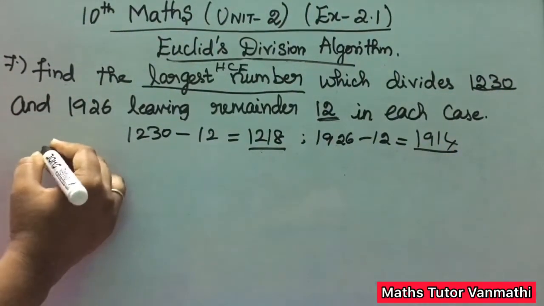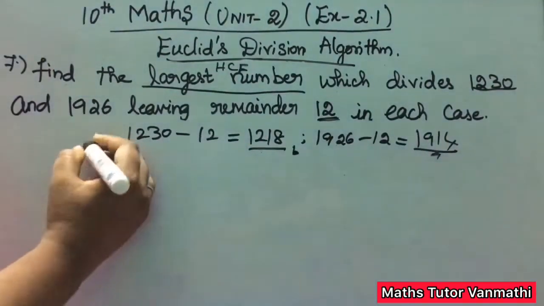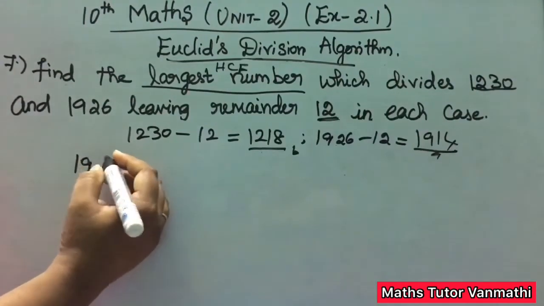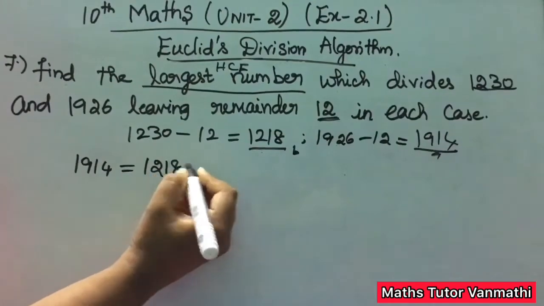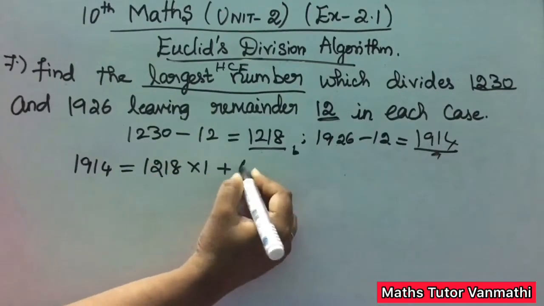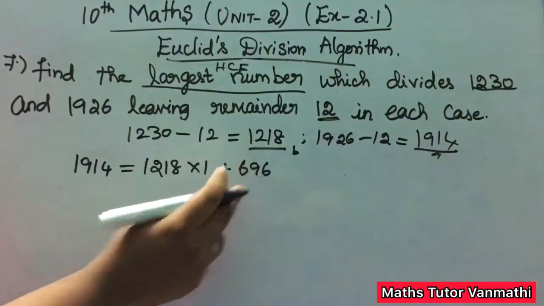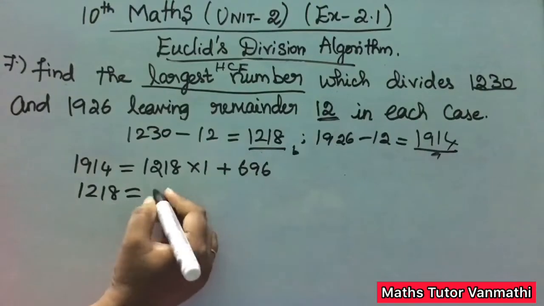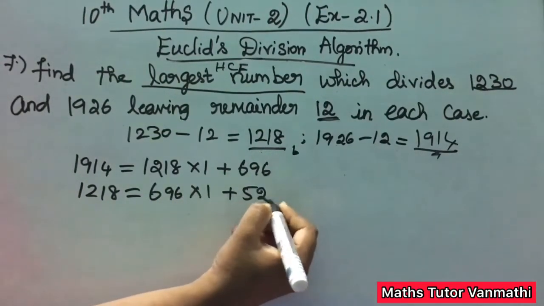Now we are going to find the HCF for these both only. This is your highest value, this is your lowest value. So taking Euclid's division lemma, A equal to BQ plus R, 1914 equal to 1218 into 1, and this leaves the remainder 696. And again 1218 equal to 696 into 1, again you will get the remainder 522.